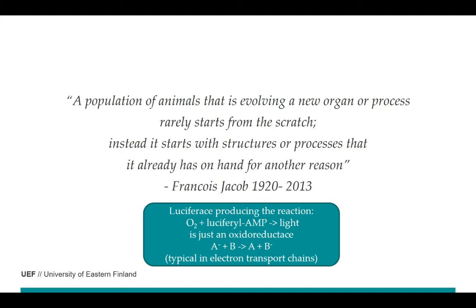And these are very typical in electron transport chains that are in the mitochondria. So we have oxidoreductases, and one of these oxidoreductases in the firefly has been a little bit modulated and used in the cytosol to produce light. So there can be some kind of interesting evolutionary background also on the molecular level.